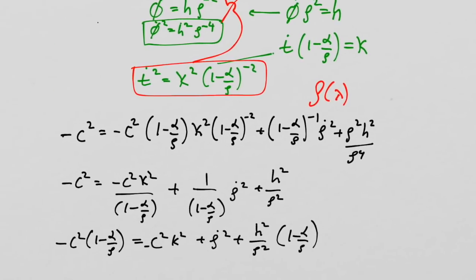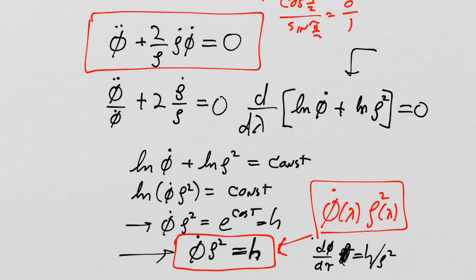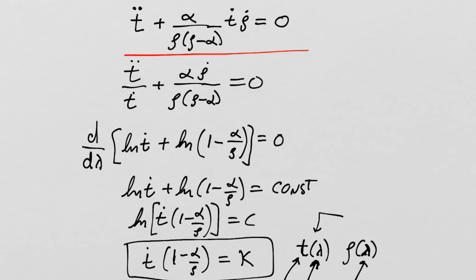Where did we create kappa? We created kappa here. If we think about this when rho is very, very large, imagine rho is extremely big, so this term goes away, and then we have t dot equals kappa.